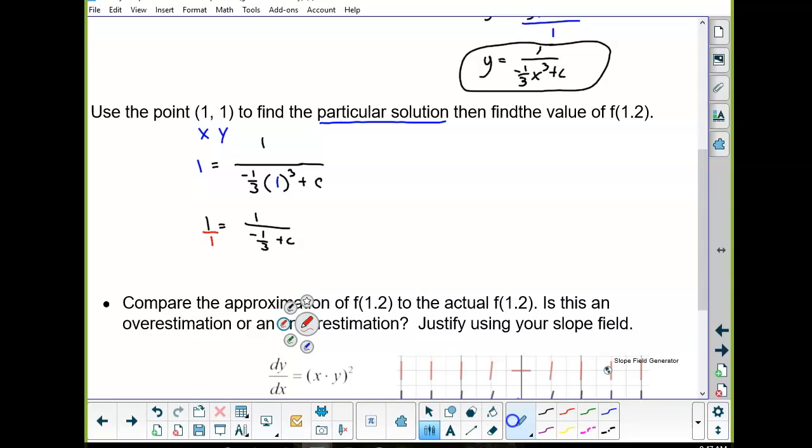So how do I solve a problem like this? Well, let's make the left side a fraction as well. And now we're just going to cross multiply. And it's really friendly because they're all 1s.